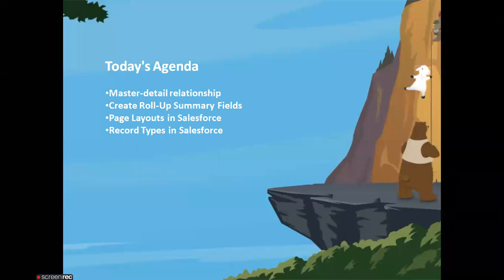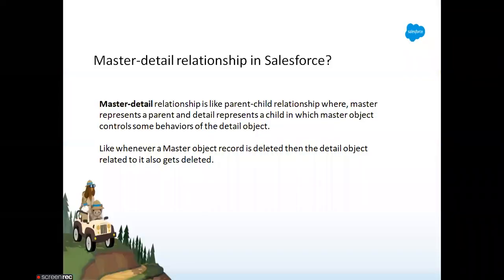In the last session we discussed roll up summary, and we also did one demo related to roll up summary. In the same line, today we are going to cover master detail relationship in Salesforce. Master detail relationship is like a parent child relationship where master represents a parent and detail represents the child, in which the master object controls some behavior of the detail object.